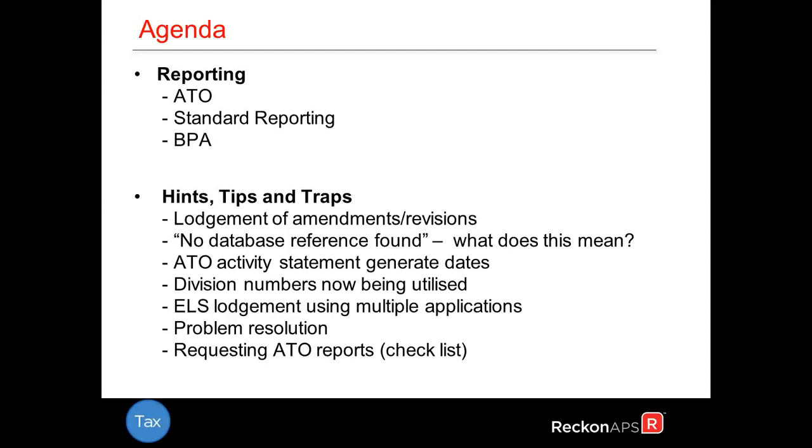The "no database reference found" message that appears when you run reports and what it means. The ATO activity statement generation dates. The division numbers now being utilised within the product and from the ATO. ELS lodgement using multiple applications, and the issues surrounding that as well. Any problem resolution steps that you can follow, and requesting the ATO reports. We'll have a checklist for that as well.